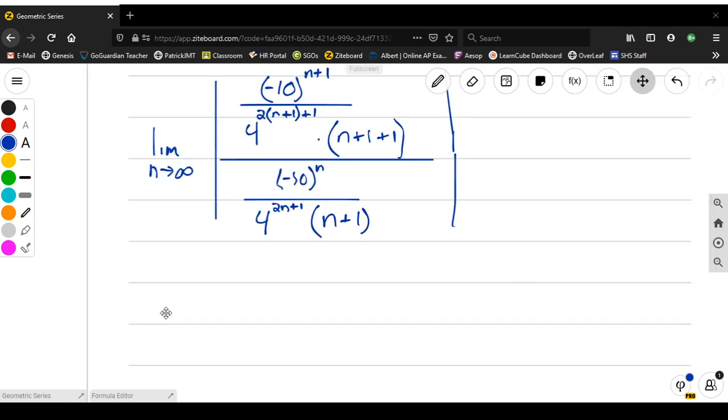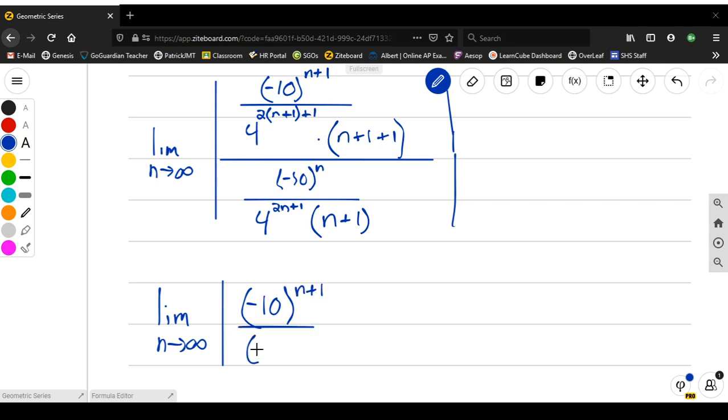You can verify this on your own, but essentially after a while, right, multiplying by the reciprocal, canceling out common things, I'm going to get negative 10 to the n plus 1 all over negative 10 to the n, right, times 4 to the 2n plus 1 over 4 to the 2n plus 3.